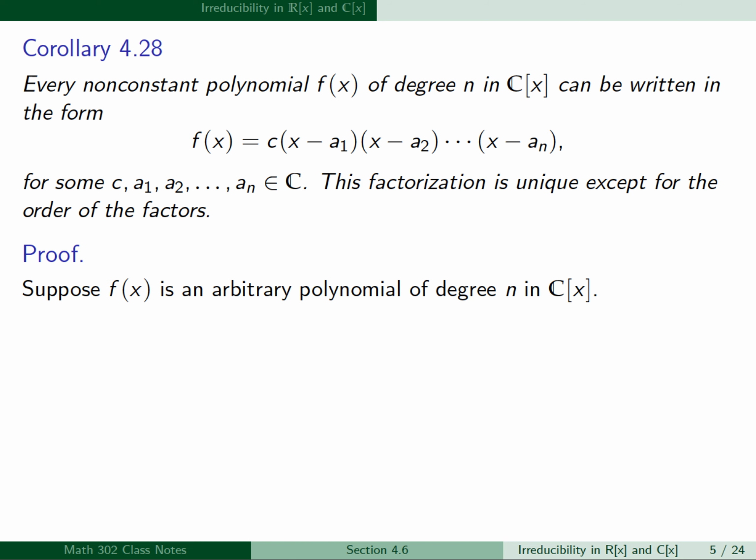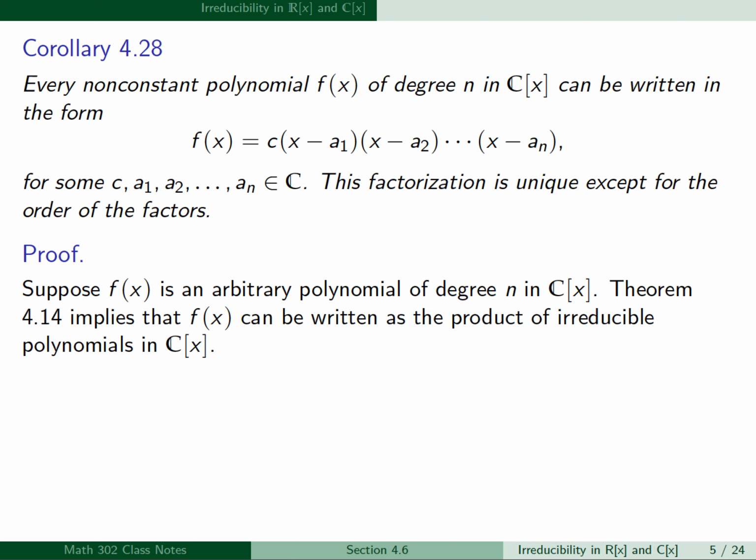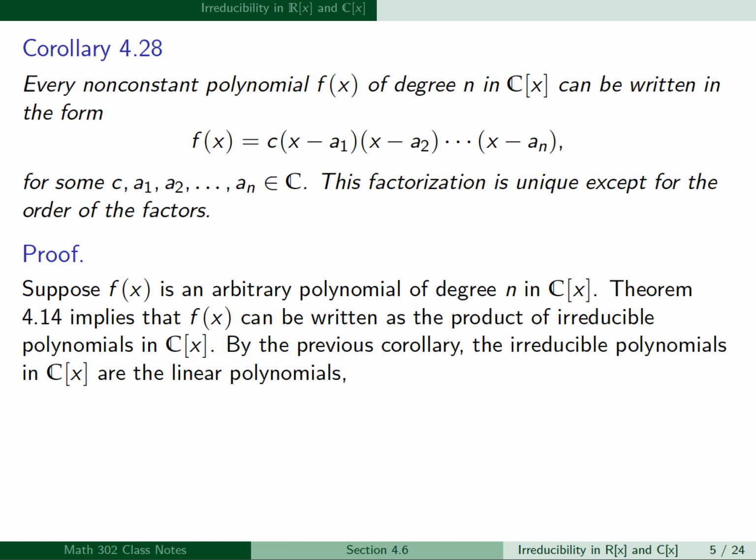To prove this, suppose f(x) is an arbitrary polynomial of degree n in C[x]. Then Theorem 4.14 implies that f(x) can be written as the product of irreducible polynomials in C[x], and by the previous corollary, the irreducible polynomials in C[x] are the linear polynomials.